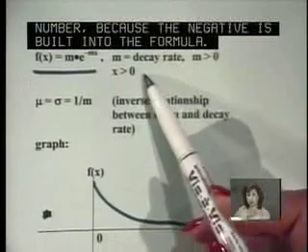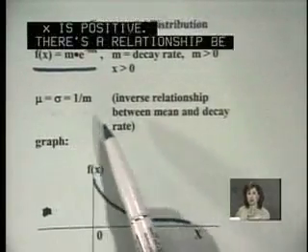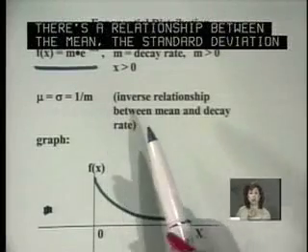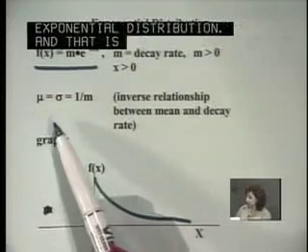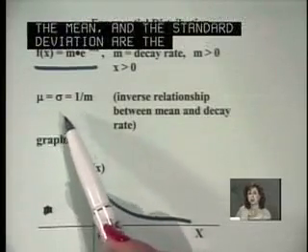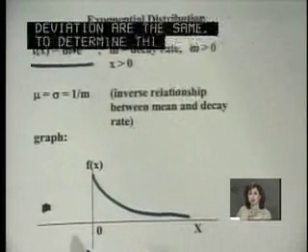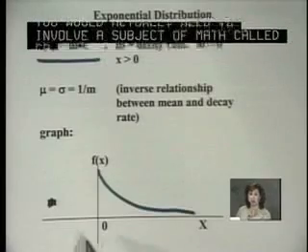X is positive. There's a relationship between the mean, the standard deviation, and the decay rate for the exponential distribution. And that is, for the exponential, the mean and the standard deviation are the same. To determine this, by the way, you would actually need to involve a subject of math called calculus, and this course does not deal with calculus.